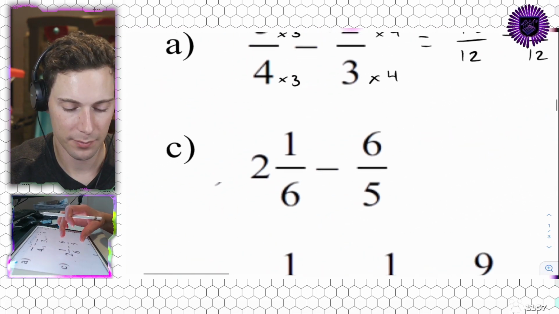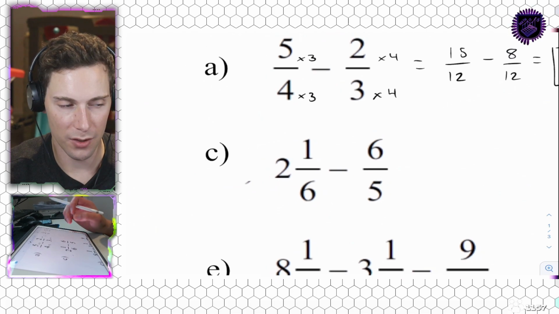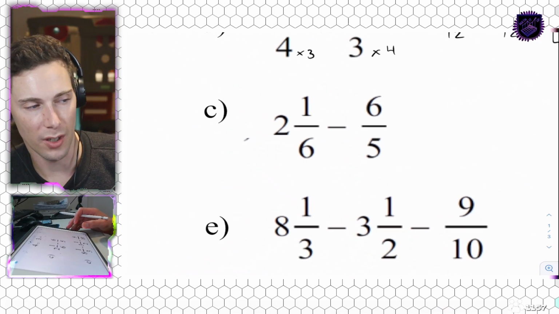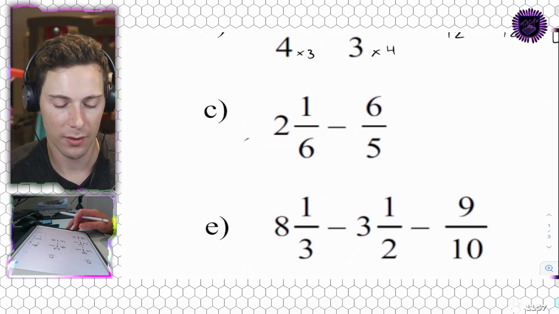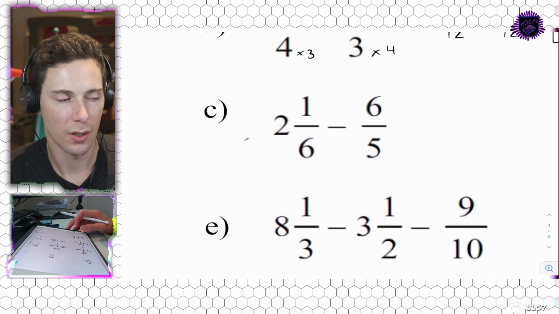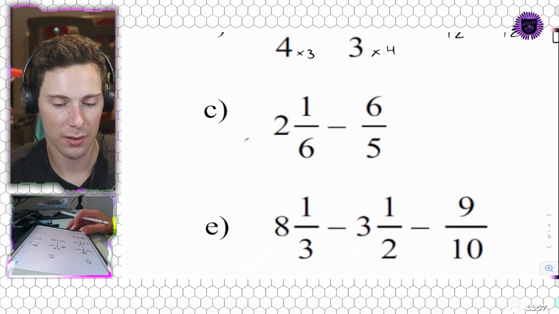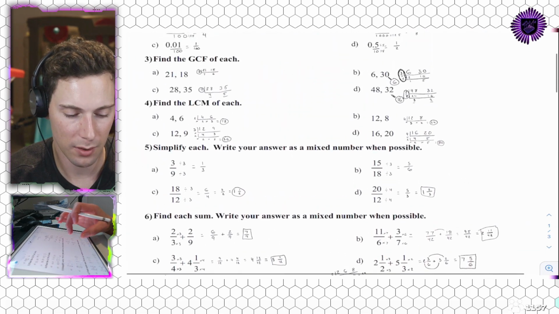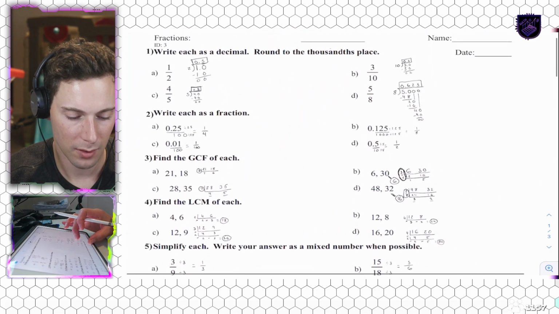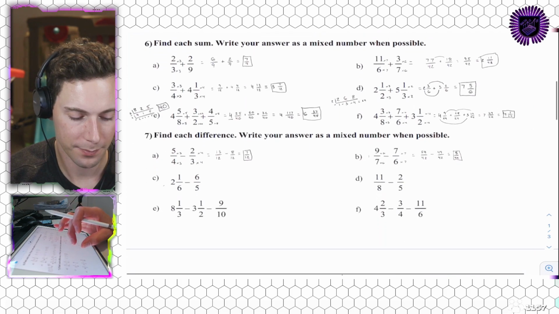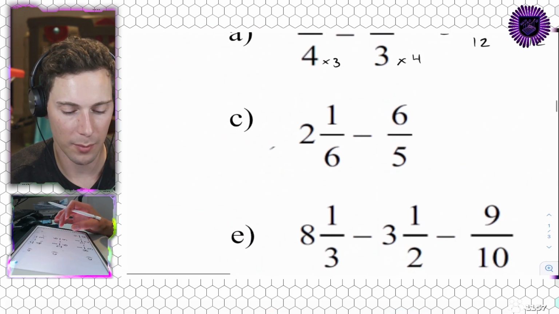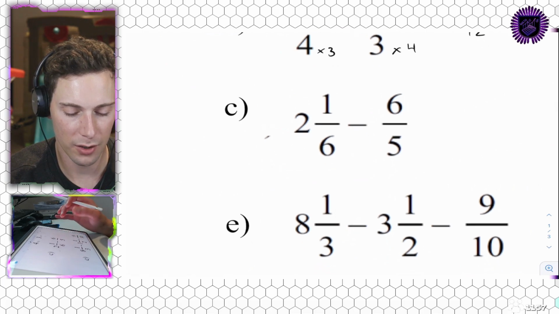C. You will need to do some conversion of mixed numbers back into improper fractions, which I didn't include up here. Okay. Mixed number into improper fraction.